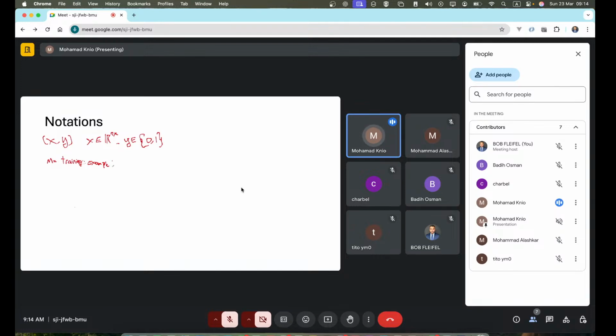And we have here in the training example, x1, y1, and x2, y2, and so on until we have xm.